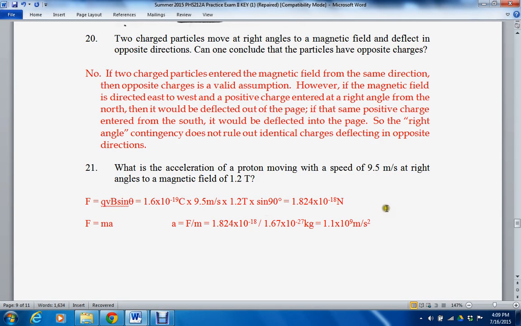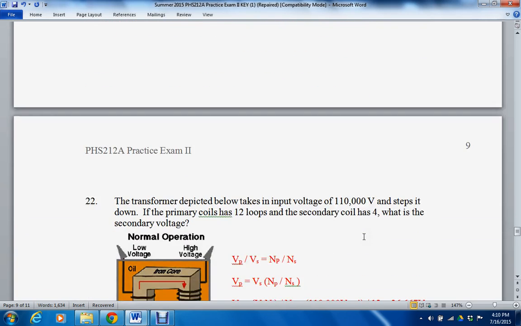We come up with a really tiny number for the force. And then the acceleration is force divided by mass, really tiny number divided by a really tiny number. The mass of a proton I would have to give you on the data sheet. The acceleration equals 1.1 times 10 to the 9th meters per second squared.